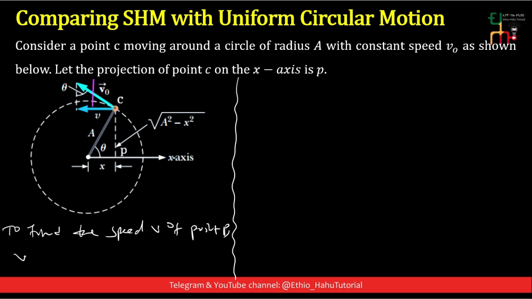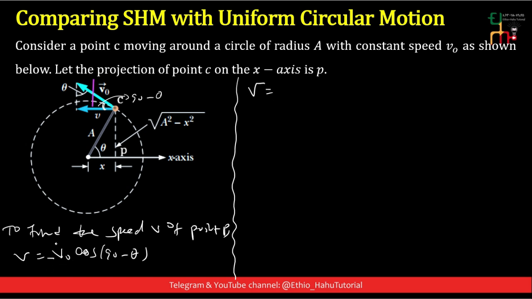Therefore, v is equal to v naught times, if this angle is theta, this angle is 90 minus theta, cosine of 90 minus theta. But this v points to the negative x-axis, so we put a negative sign here.